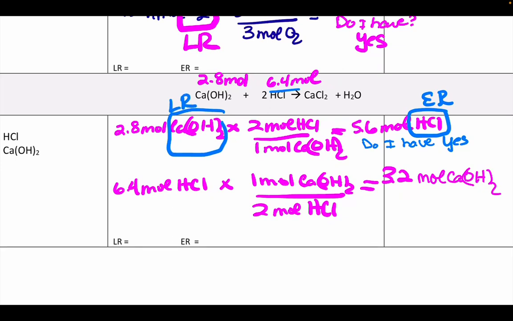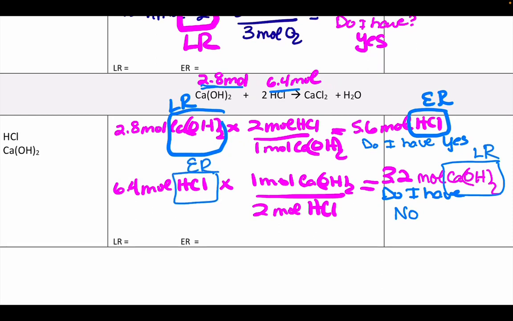The other way, again, I would say, do I have it? Do I have 3.2 moles of calcium hydroxide? And the answer is no. So that makes this my LR, and this is my ER. So either way, my limiting reactant is the same.